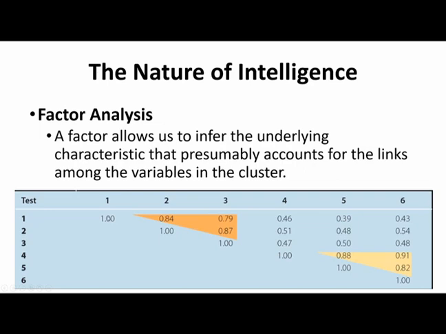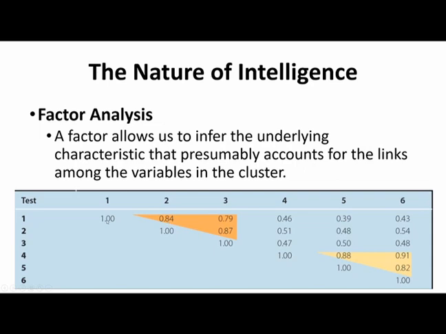And the reason why it's 1 on the diagonal is because test 1 is going to have a perfect correlation with itself. So for every 1 increase in your score on test 1, you're still going to see a 1 increase in your score for test 1. So that's why there's a bunch of 1s across the diagonal. We can basically ignore those because it's not giving us useful information.